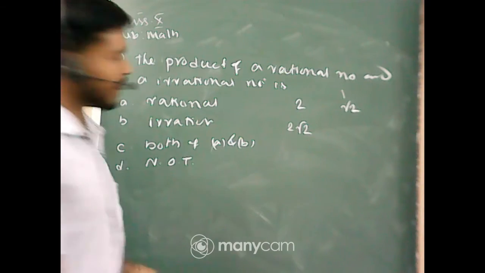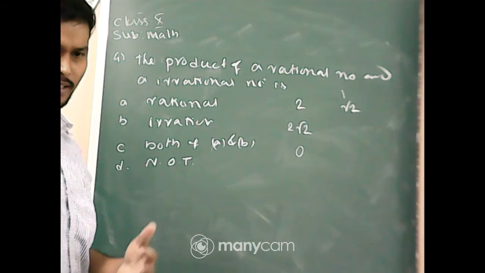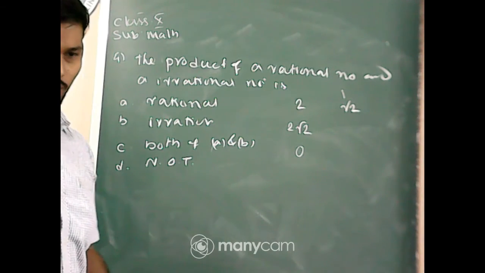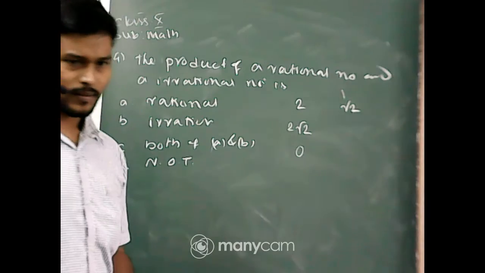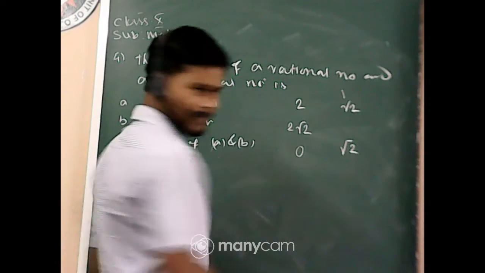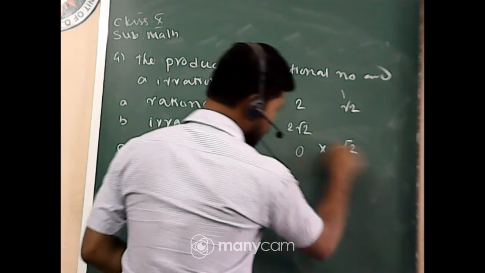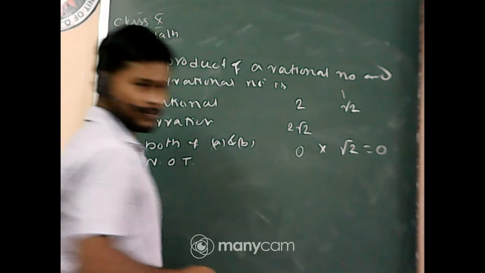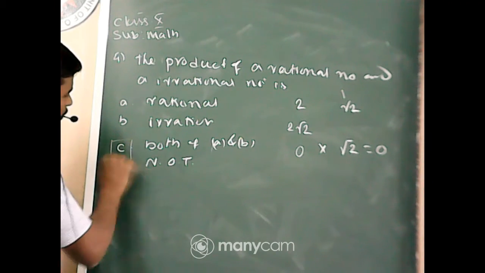But if I take the rational number 0, 0 is a rational number, isn't it? What type of number is 0? A rational number. Yes, sir. And if I take an irrational number and multiply them, the result will be 0. So what will be the correct answer? It will be both rational number or irrational number.